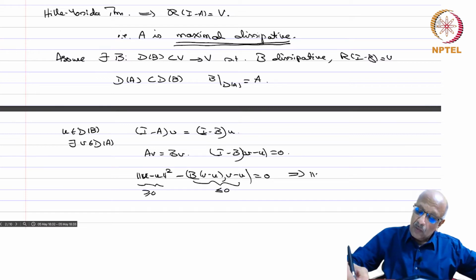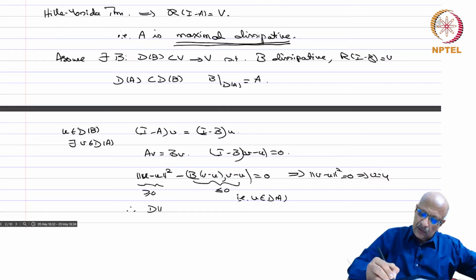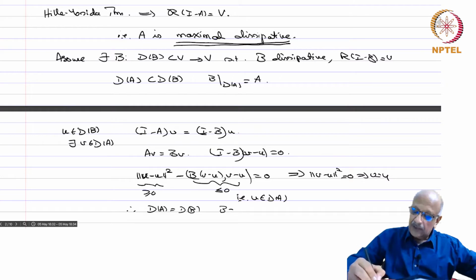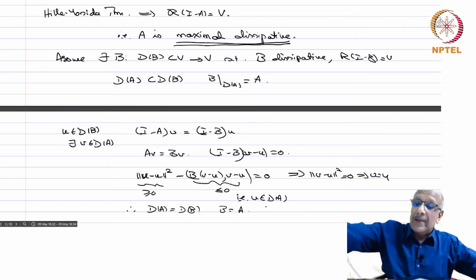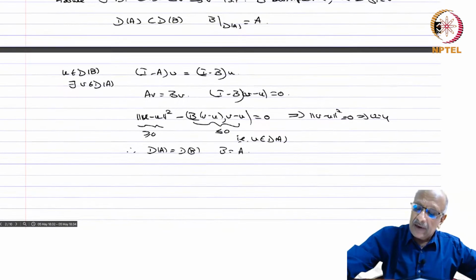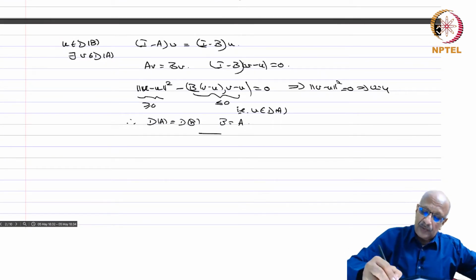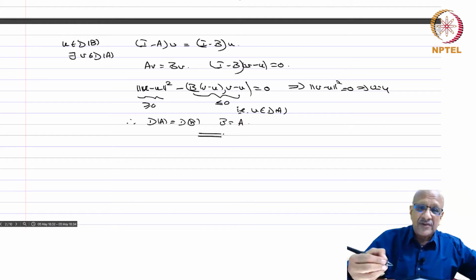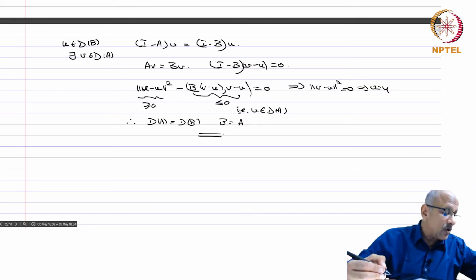So, this means the norm of v minus u squared equals 0, that is v equals u, that is u belongs to D(A). Therefore, D(A) equals D(B) and B equals A. Okay, so that is why it is called maximal. So, if you have the dissipativity and the range is the whole space, then automatically there is no possible extension with the same properties. That is why it is called maximal dissipative.